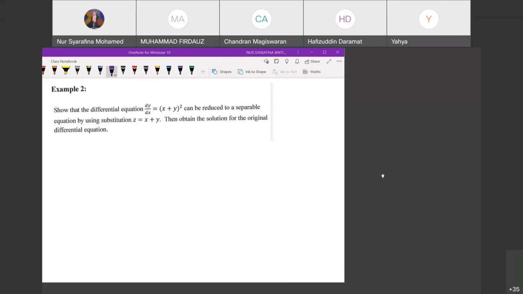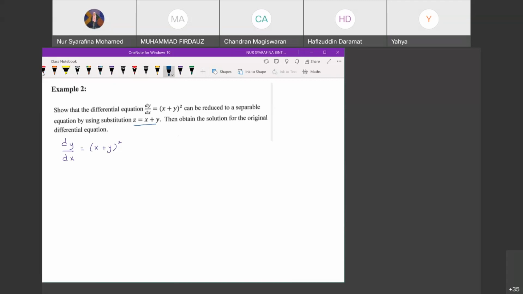Then obtain the solution. As you can see, dy/dx equals (x plus y) squared cannot be separated. x and y are together here, bound with the power of 2. So we have to separate this by using the given substitution. How can we find the separable equation by using z equals x plus y?